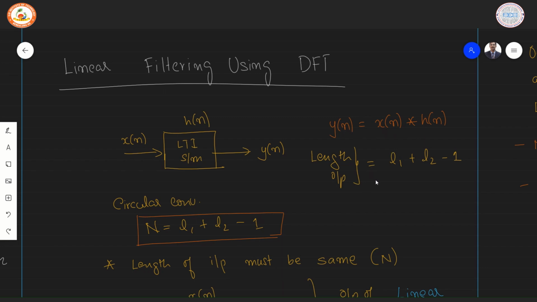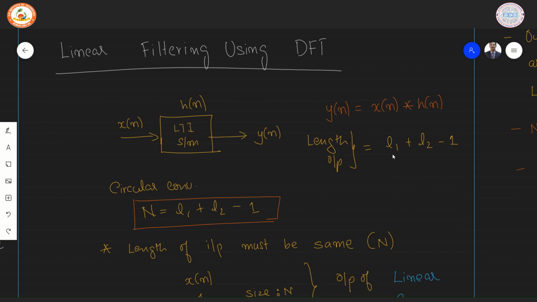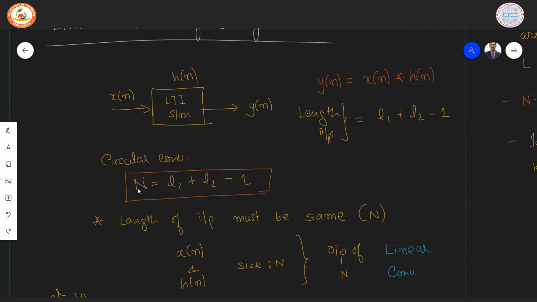The output length for linear convolution is going to be L1 plus L2 minus 1. The same result could be obtained making use of circular convolution, provided we make both the sequence of length L1 plus L2 minus 1. That is, if both are made to be the same size equals to N here, then circular convolution will also give you the same result.